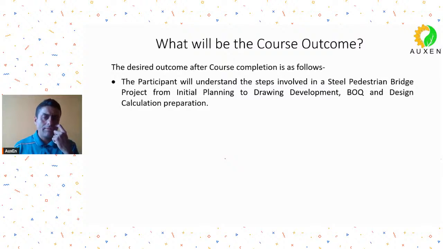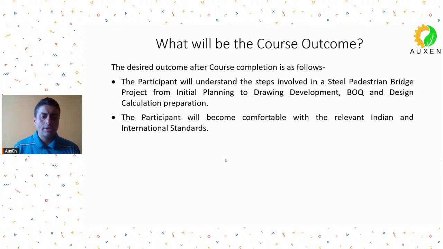And what is the outcome? It is very important to understand and to quantify the expected outcome in any course. So once we complete this course, we expect that the participant will understand the steps involved in doing a complete steel pedestrian bridge project, right from the initial planning to final BOQ and design calculation preparation.